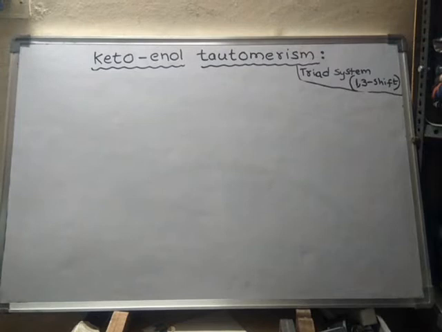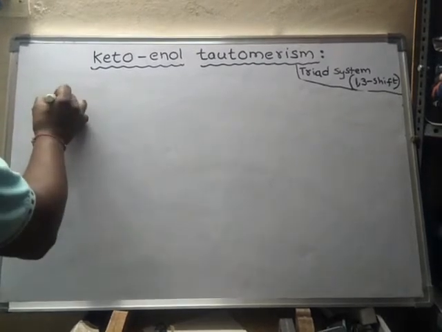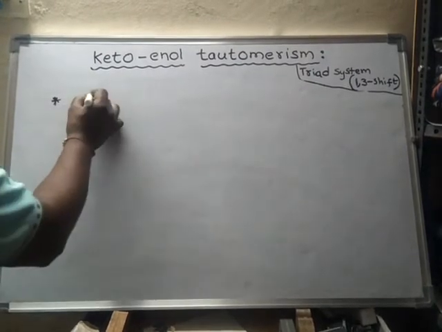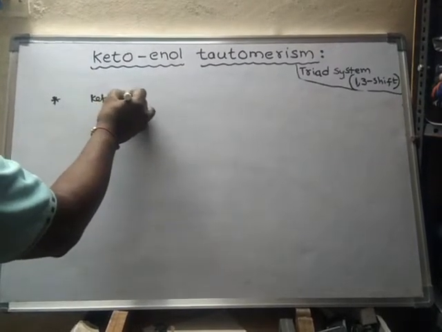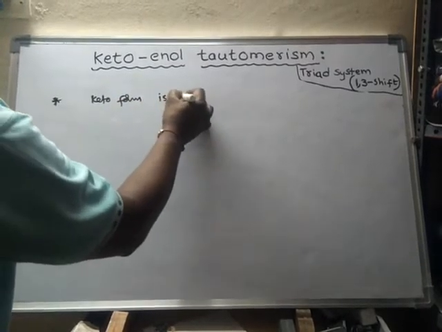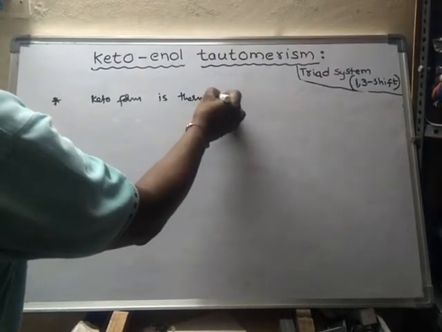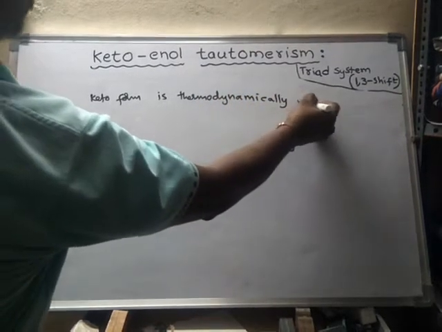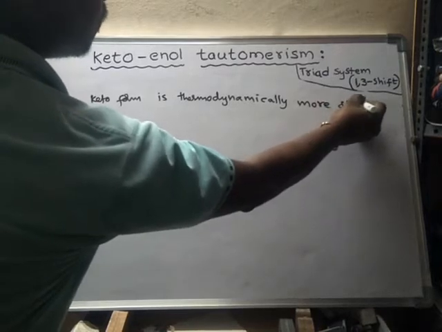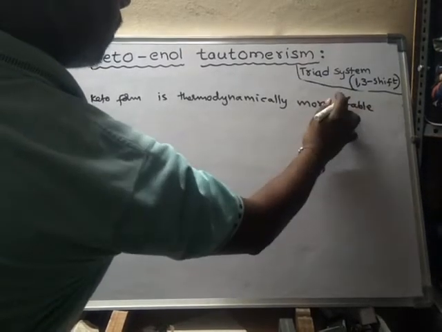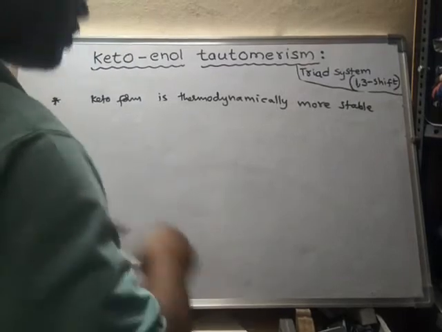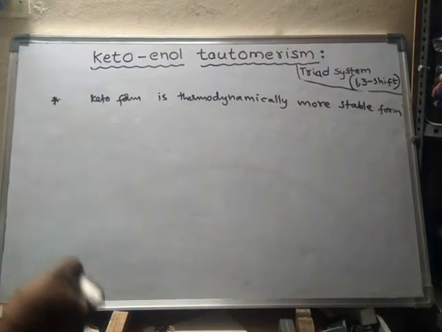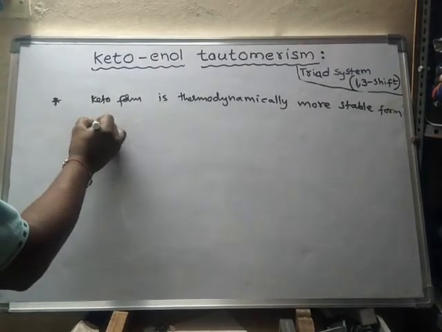Now one thing we have to learn: the keto form is thermodynamically more stable, more stable than the enol form.